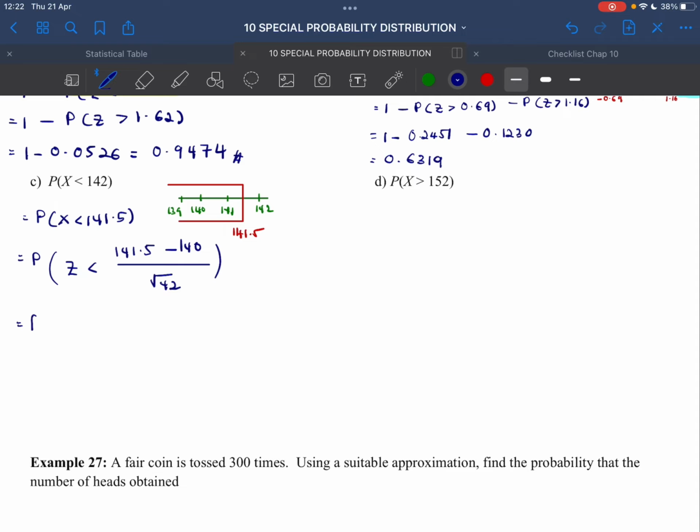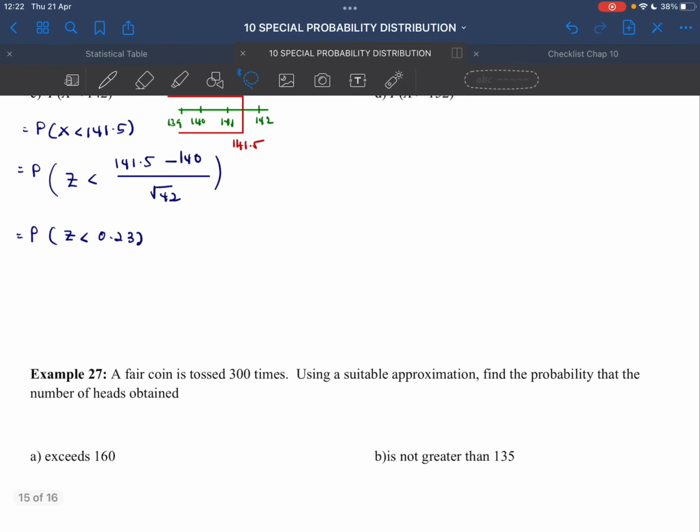Put that in your calculator, you should get Z less than 0.23. Okay, so draw the table. Whenever you get Z, you get your standard normal distribution, always draw your bell shape. So here we have positive 0.23. This is your 0. But the question said less than, so it's to the right.